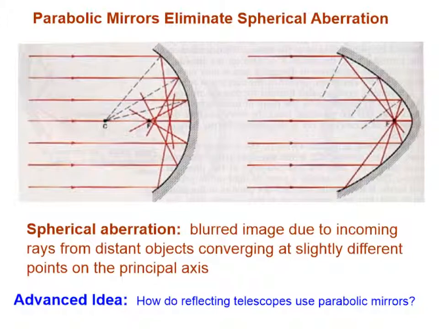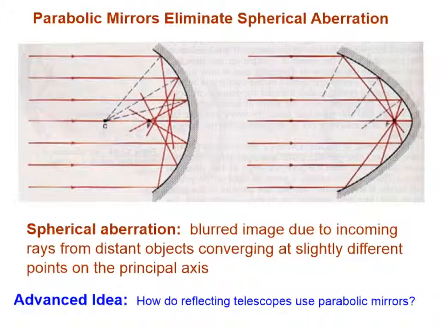Telescopes, for example, want to take in as much light as possible, and if we have a mirror that has such a tiny diameter, tiny radius, we can't get as much light in as we would like to get. So there is another option, and it is called a parabolic mirror.